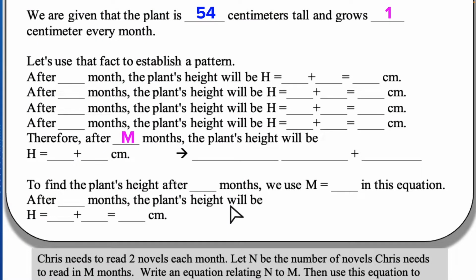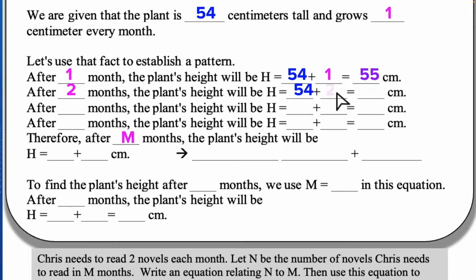So let's use the facts to establish a pattern. After 1 month, the plant's height will be h equals 54, my starting point, plus my change. It's changing 1 centimeter because it's only 1 month. So I have 55 centimeters. After 2 months, the plant's height will be 54 plus 2.